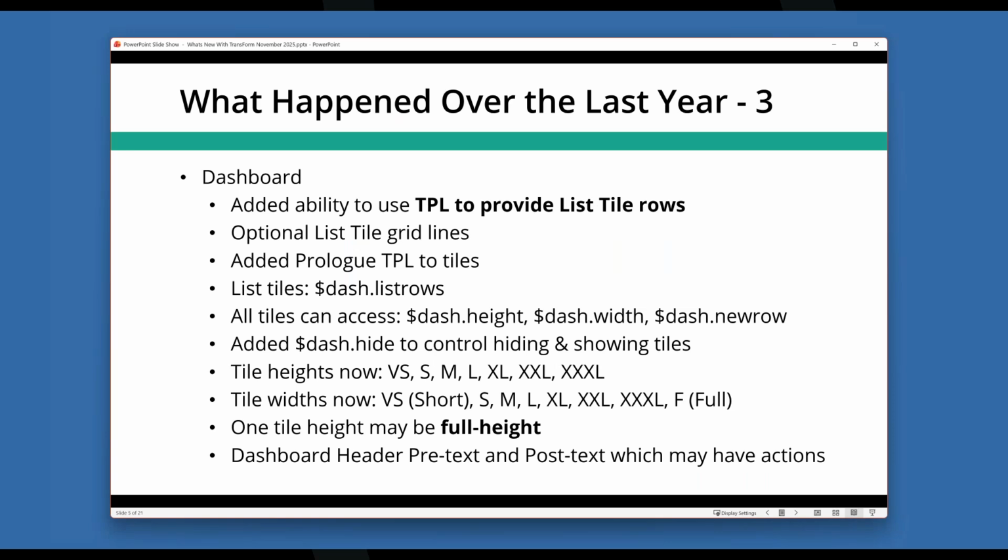This year, we added the ability for one of the tiles to have full height. What this means is that it takes up the height from where it is to the bottom of the browser screen. If you make the browser bigger, then that tile gets bigger, and if you make it smaller, it gets smaller. So you could have just one tile on the screen and have it fill the entire screen if you want.